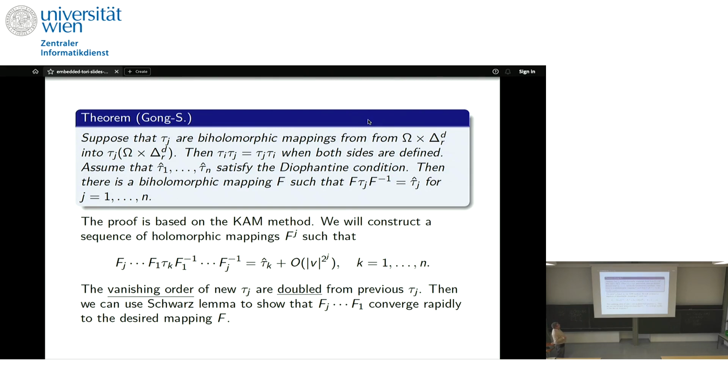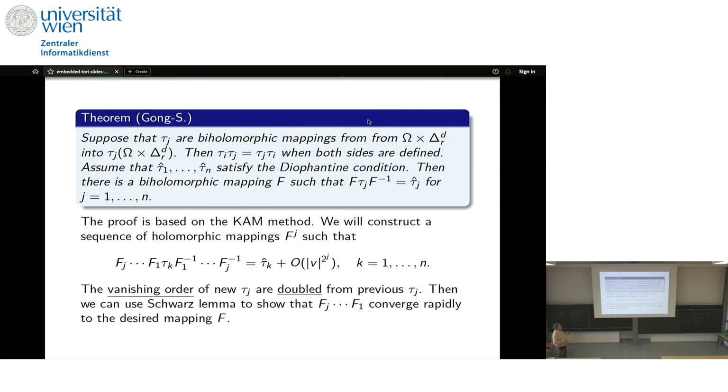Okay. So now you are supposed to have a biholomorphic mapping from a domain. So there should be an epsilon here somewhere, to the image of the tori in the epsilon. You are supposed that they are pairwise commuting. Okay, that's the problem I'm starting with. And you assume that they are perturbations of tau_1 hat, ..., tau_n hat, that is Diophantine in the previous sense.